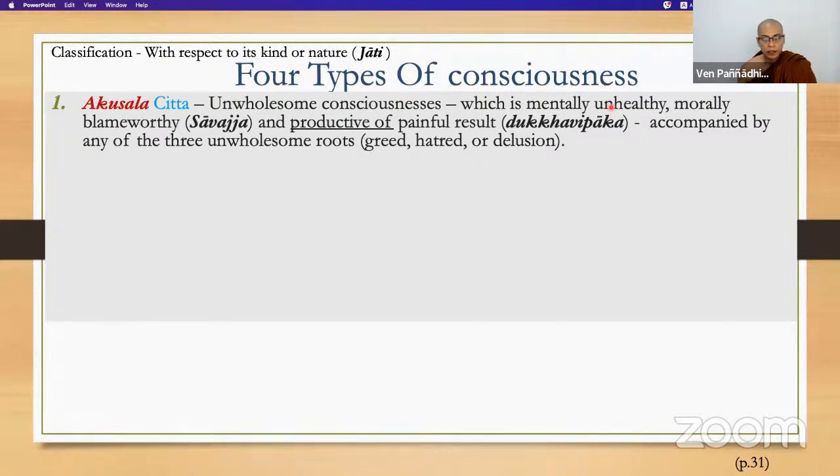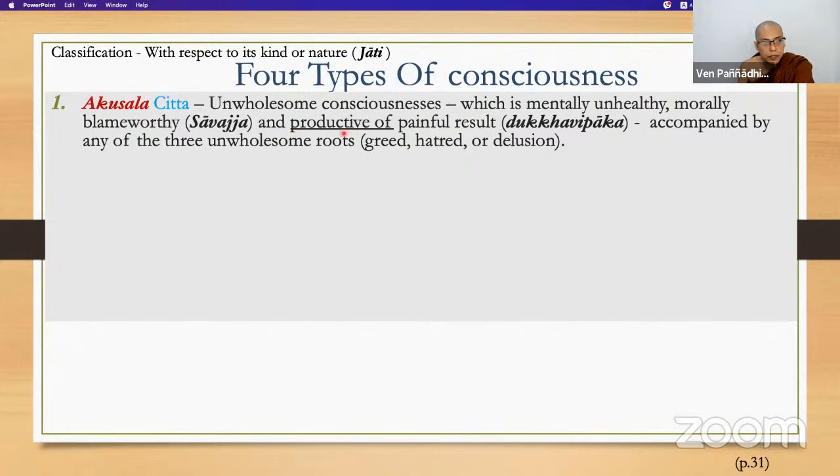In the same way, the mind with its impurity of defilements is called unhealthy, mentally unhealthy. And if we see from the moral perspective, the unwholesome consciousness that arises is blameworthy. And this is one reason to call it akusala.